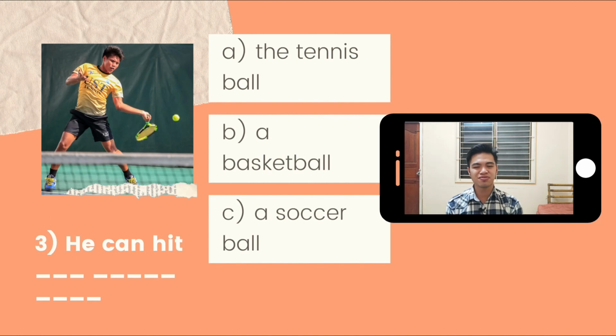Lastly, for the number 3, we have he can hit blank. Is it A, the tennis ball, B, a basketball, or C, a soccer ball? What can he hit? It's a small yellow ball. What is it? Good job! The correct answer is letter A, the tennis ball. He can hit the tennis ball.